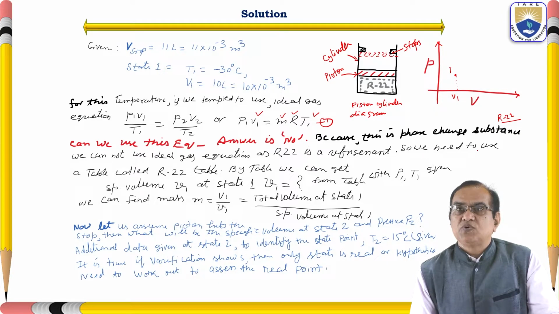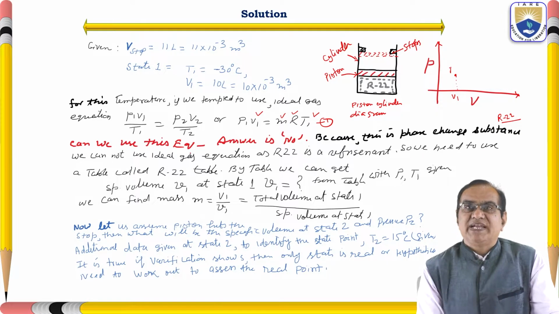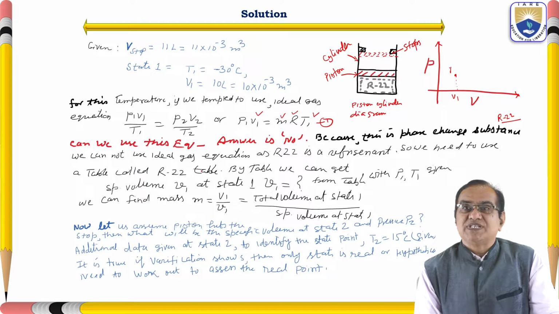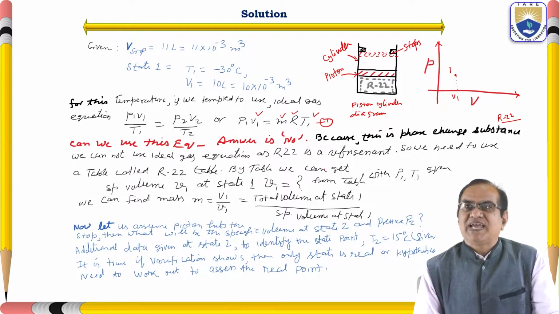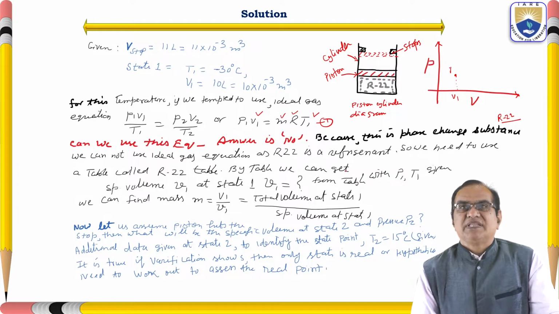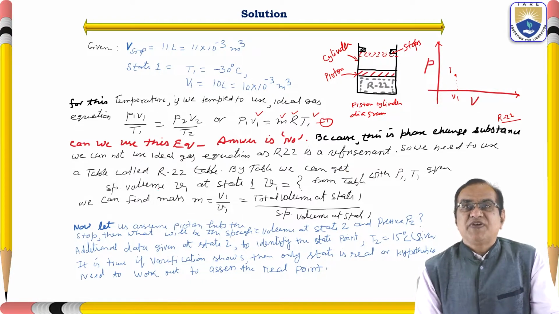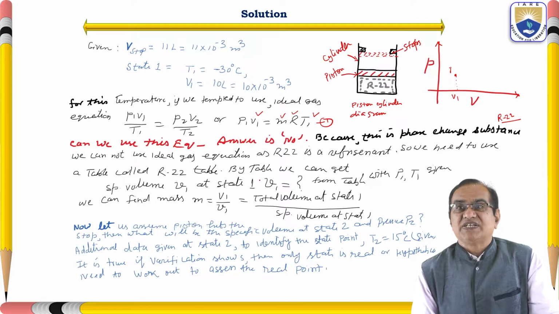So we need to use a table called the R22 table. R22 tables are available in every thermodynamics book, or in separate steam table books. By the table we can get the specific volume v1 at state 1.